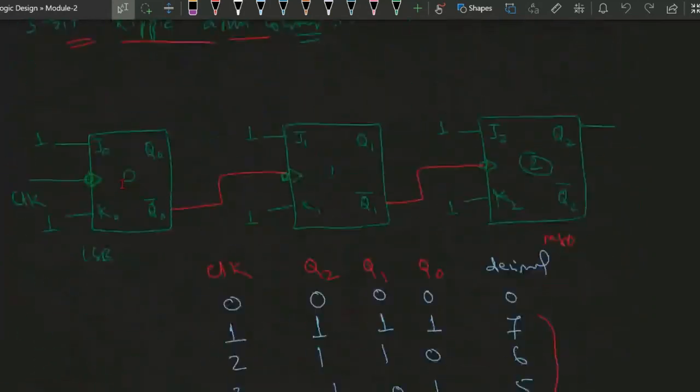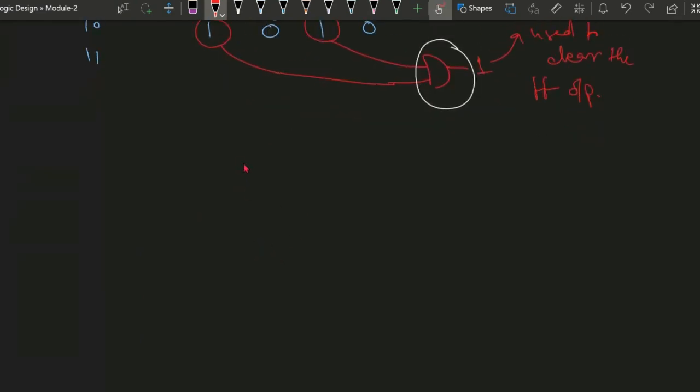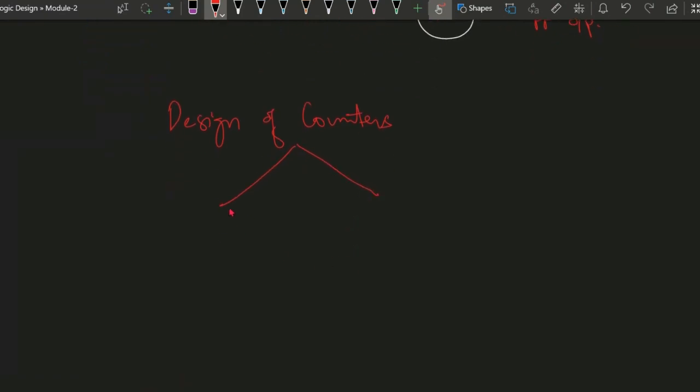In terms of design perspective, we will be looking at how we should be proceeding with the design. So we will just take it from here. That will be the design of counters. In design of counters, we will be looking at how we can design the synchronous counters and asynchronous counters.